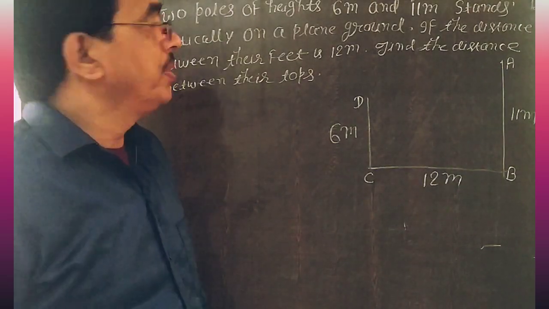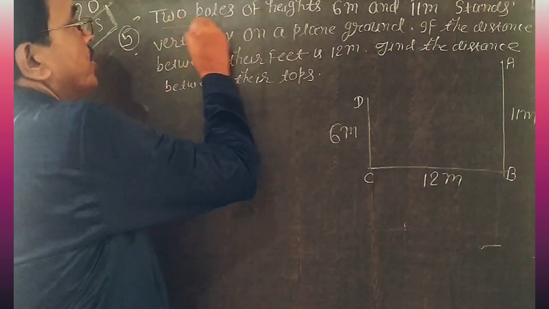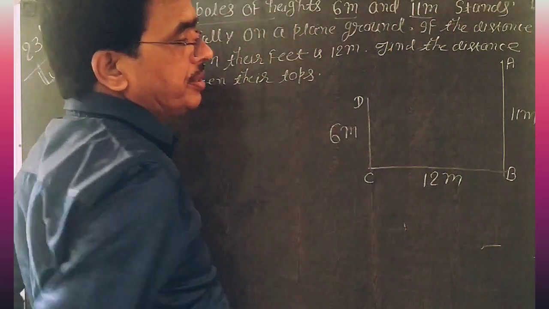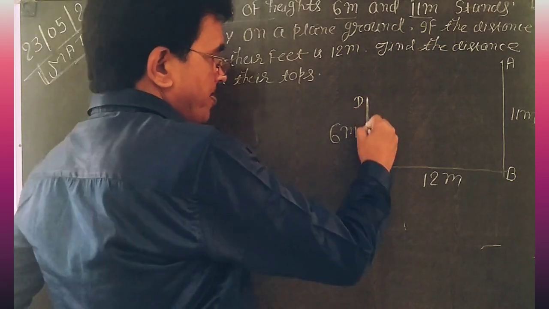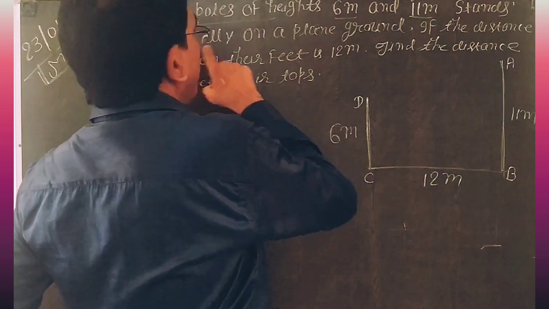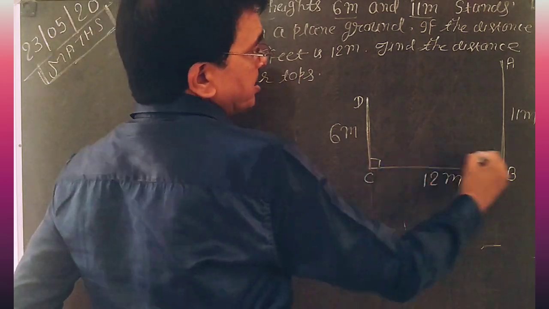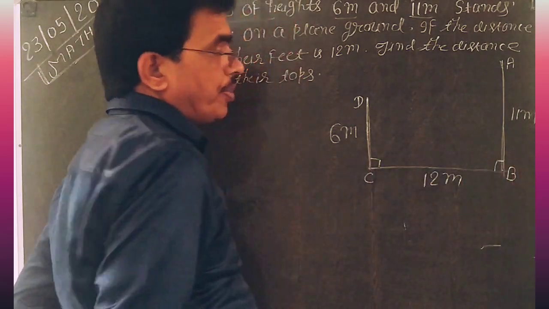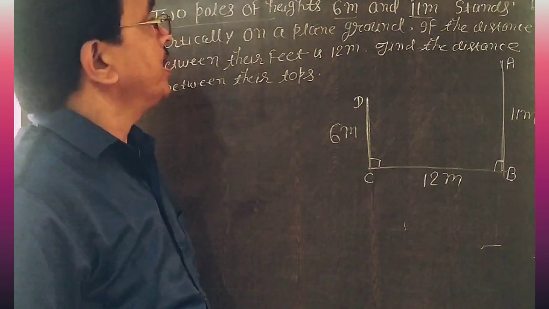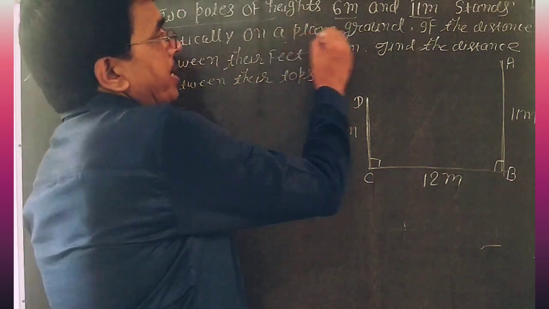Example 5, that is 2 poles of height 6 meter and 11 meter stand vertically, which means both poles make 90 degrees with the ground, that is vertical, on a plain ground.